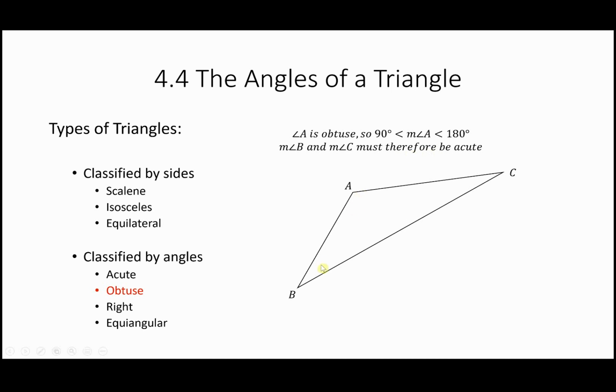So if even two angles were obtuse, you would not be able to have the figure be a closed polygon triangle, right? So for this type of triangle, it is categorized as obtuse if one of the interior angles is obtuse, and the other two must be acute. Again, that's just because we do not have enough degrees to go around in order for two interior angles to be obtuse at the same time within a triangle.